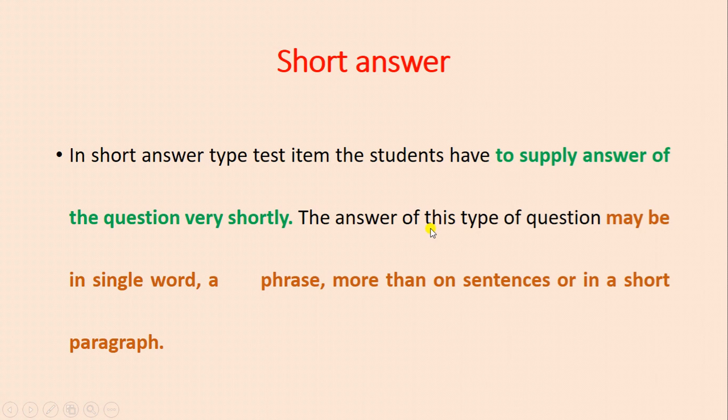So the answer of a short answer question may be in the form of a single word, two or three words, a phrase, more than one sentence, or a short paragraph. In this form the students can supply the answer of the question, and that will be a short answer question.